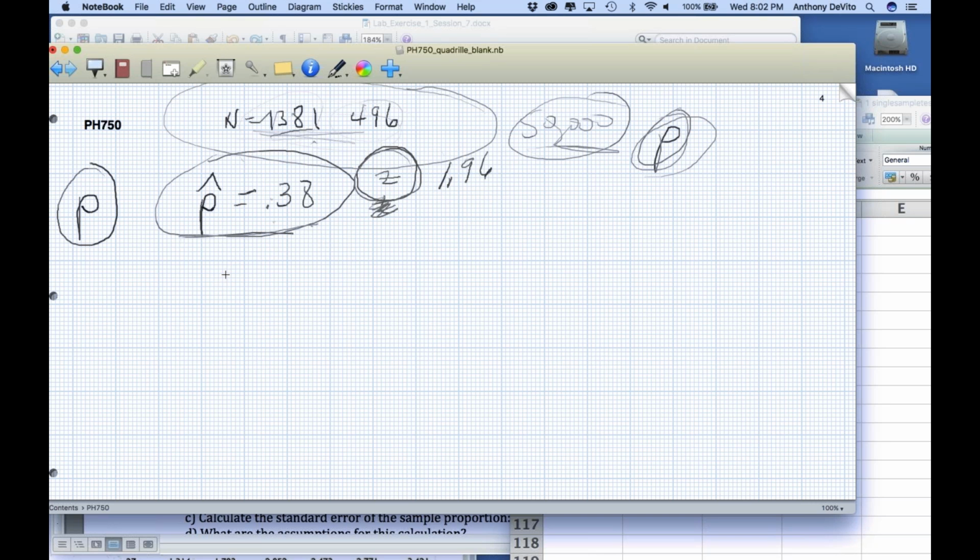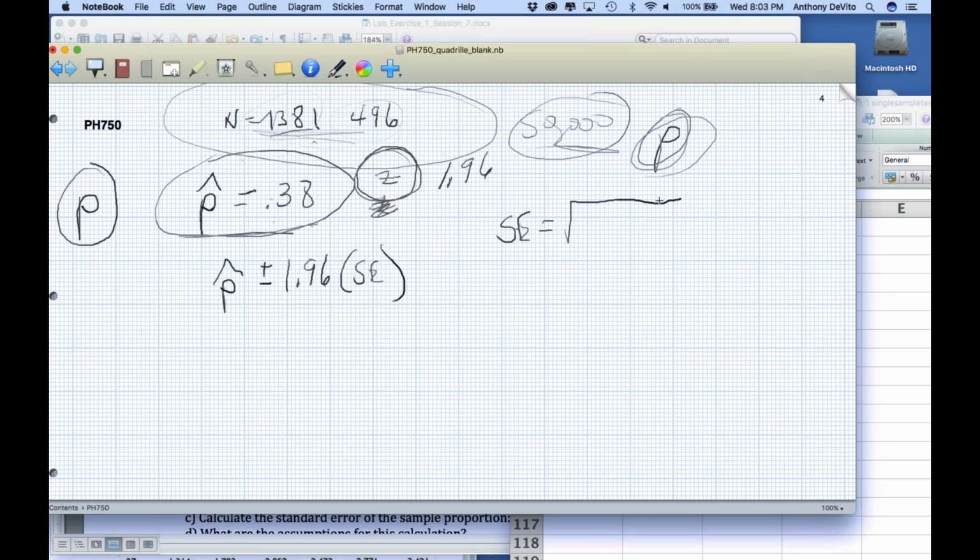Okay, so let's develop a confidence interval for this. p-hat plus or minus the margin of error. What's our margin of error going to be? It's going to be 1.96 times our standard error. How do we calculate standard error for proportions? Well, anybody remember?